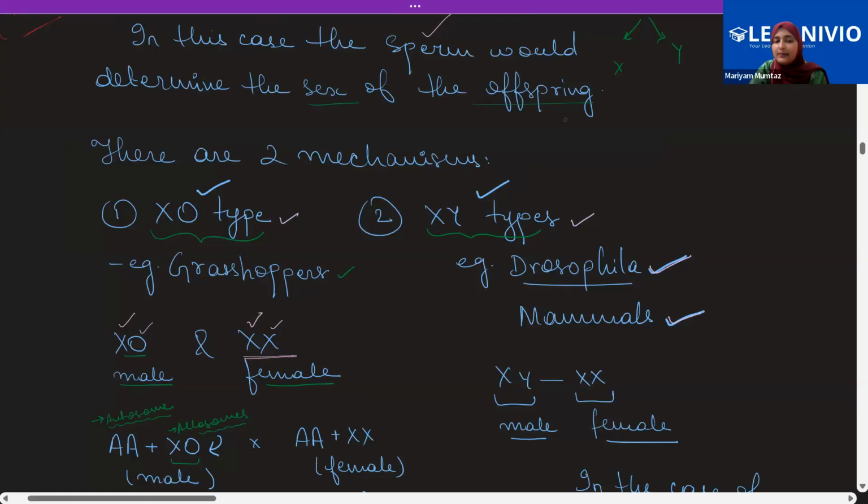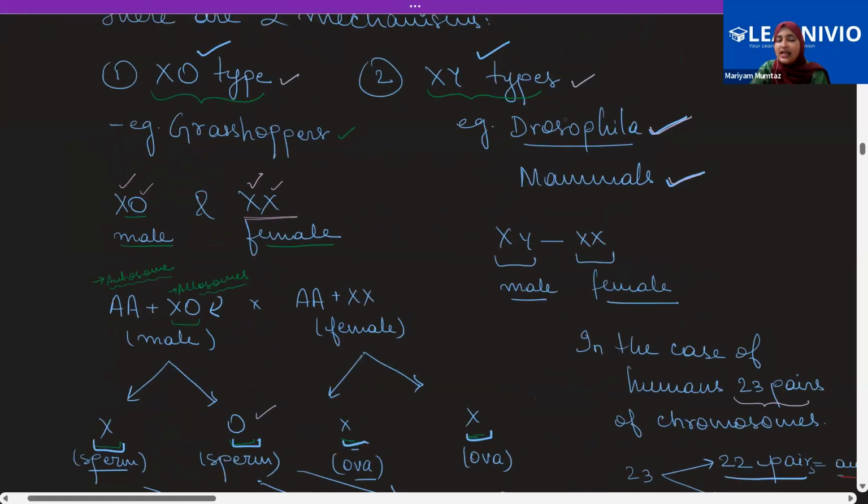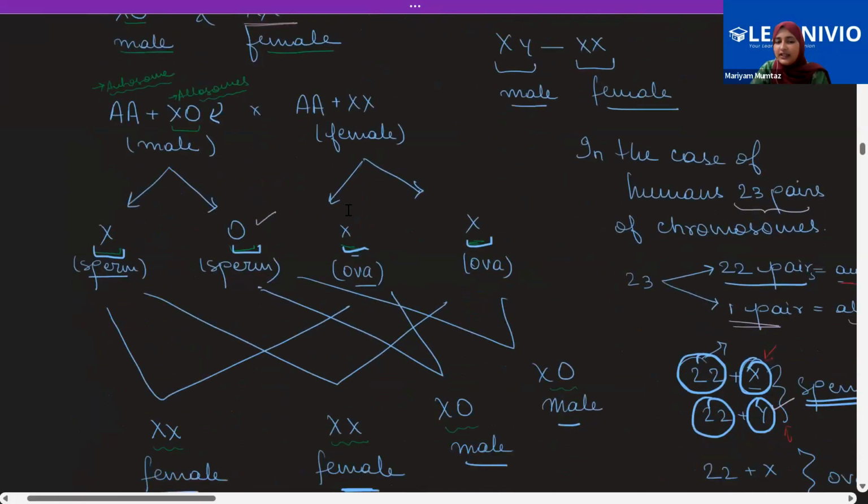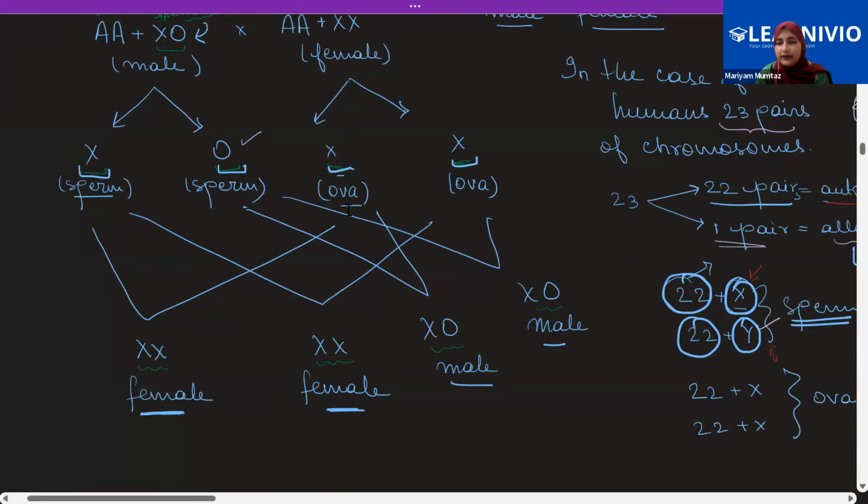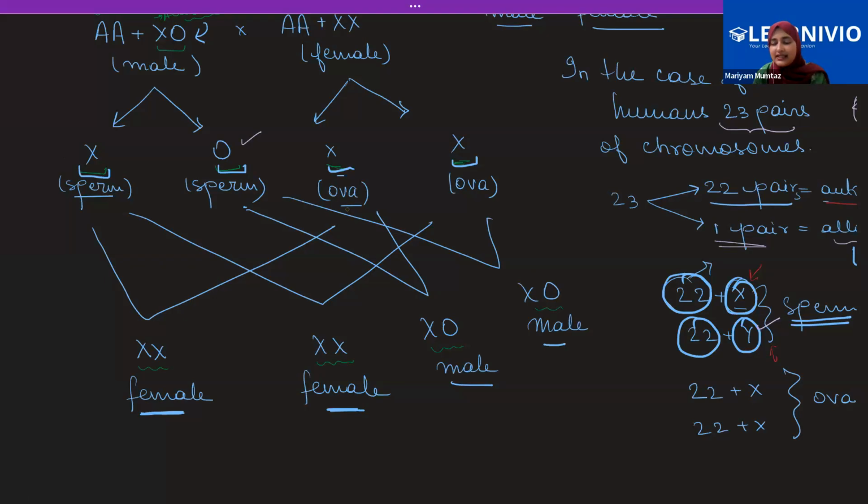Now XO type is present in grasshoppers. Here the male produces XO and the female produces XX. The male will give either X or O gametes, but the female has no other option. She will give the X gamete. When the X of the male and the X of the female combine, that is a female offspring.